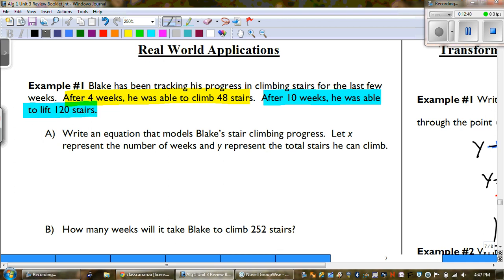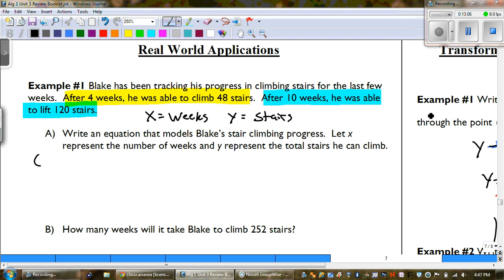So we always want to know what our two variables are, x and y. Okay? X we talked about is always time. So that's going to be weeks, and then y's is going to be our stairs. So for question A, it says write an equation that models Blake's stair climbing practice.